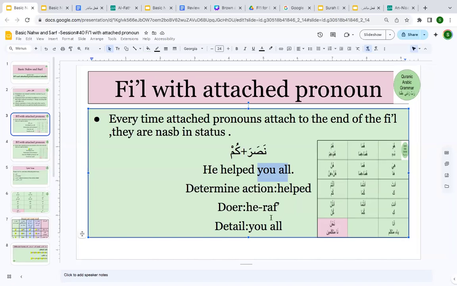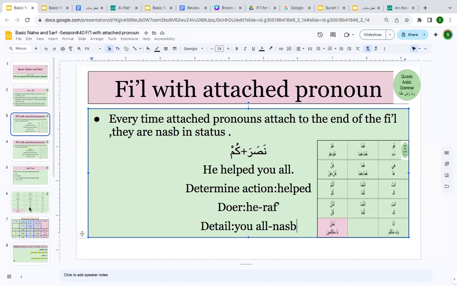Yes, and what is going to be the status of the detail? It is going to be Nasb status, as you have all typed, right? Barakallahu feek. Very well done. And I'm very proud of you all, how you are participating, you are trying your level best to take everything from the course, alhamdulillah. For those of you who are truly dedicated, your hard work is paying off, and I can see.